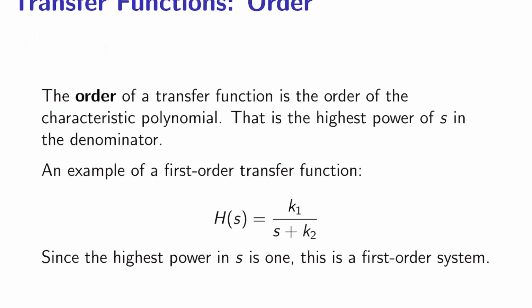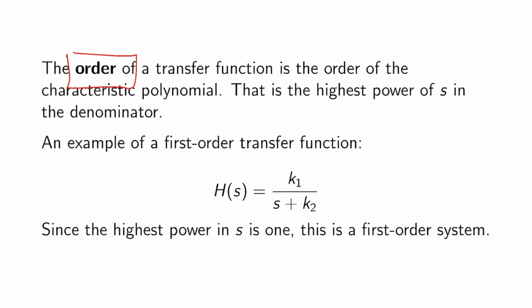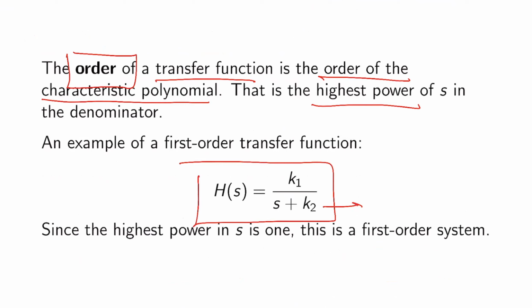The other thing, a bit of notation, is the order. The order of a transfer function is the order of the characteristic polynomial. That's the highest power of S in the denominator. So, for example, here's a transfer function. This S plus K2 is the characteristic equation.